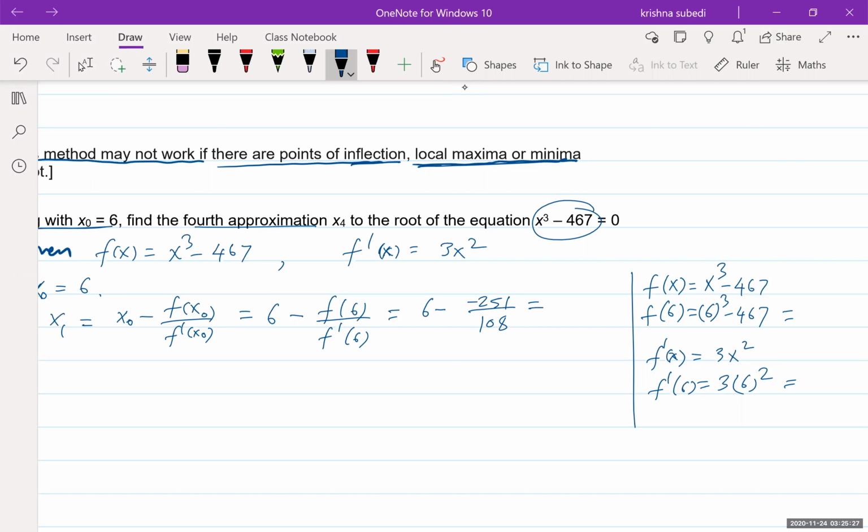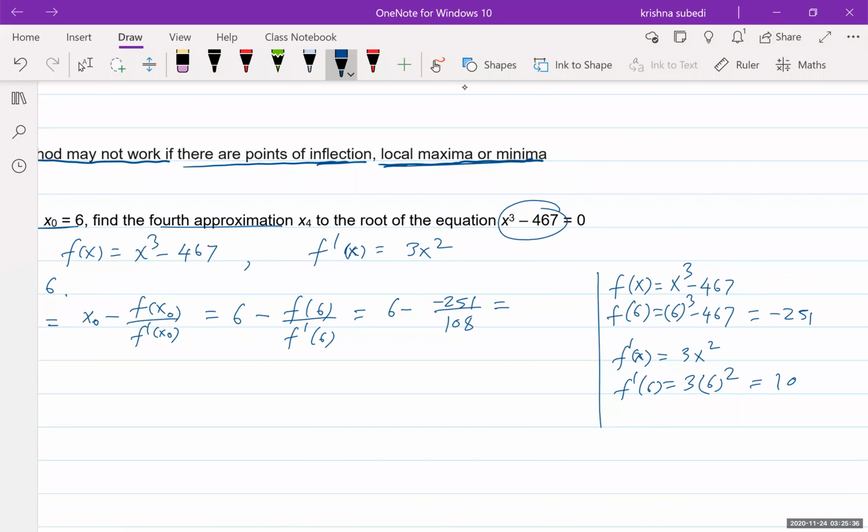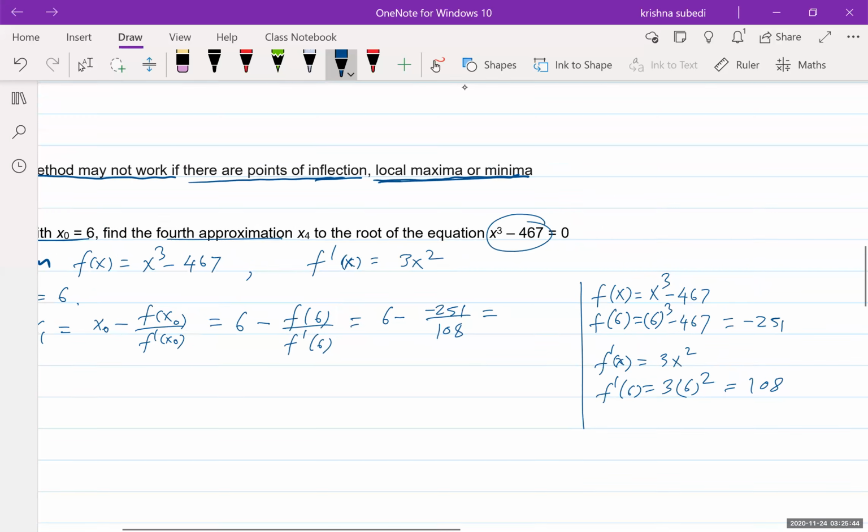Am I right? So this value is negative 251 and this value is 108. Is that correct, guys?